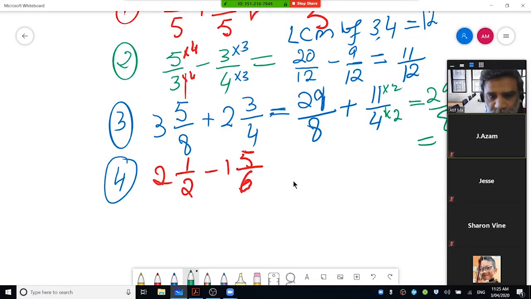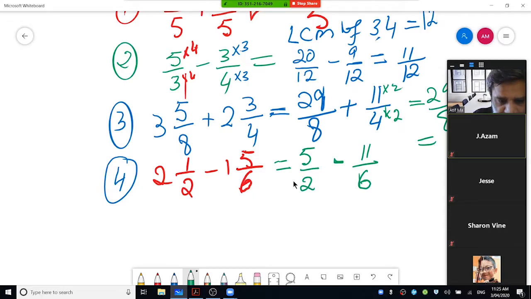So if you see, this becomes 2 times 2 is 4, and 4 plus 1 is 5 over 2 minus 6 times, and this one is 11 over 6.